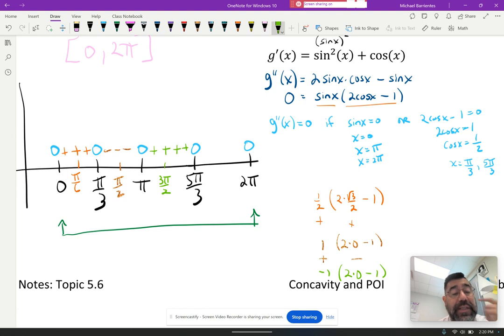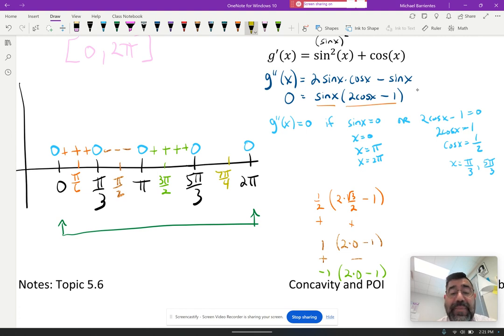I think you can guess what's going to happen next, but we'll check just in case. Let's pick a number over here like 11 pi over 6. We could also choose 7 pi over 4 if you want, that's maybe a little bit better.